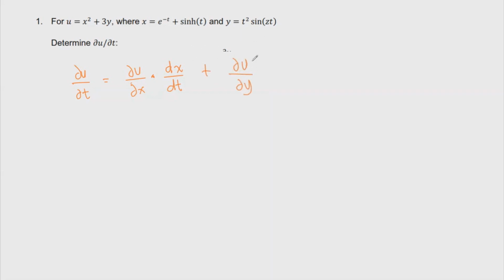But this partial derivative of u with respect to y has a derivative of y with respect to t. Instead of using dy over dt, we'll be using partial y over partial t. Why is that so? The reason is that this expression is not a pure function of t, because we have z right here.